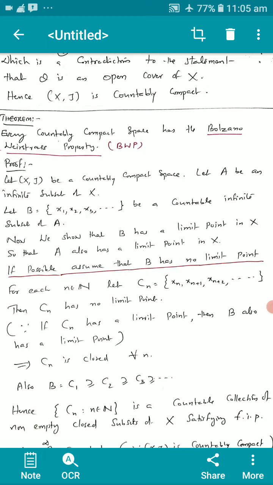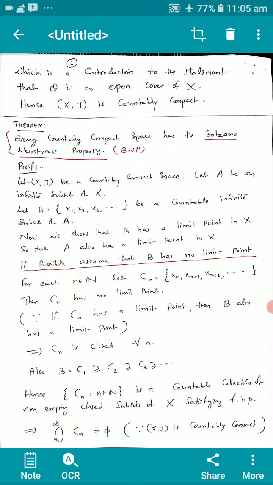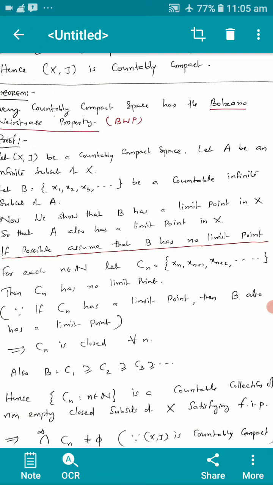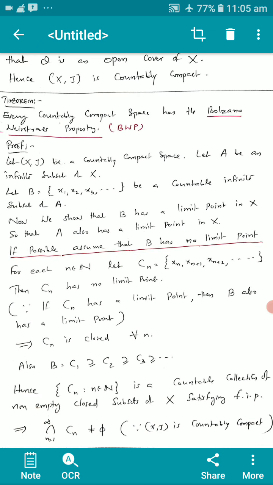Let X be a countably compact space and let A be an infinite subset of X. Let B equal the collection x_1, x_2, x_3, etc. be a countably infinite subset of A. Now we show that B has a limit point in X, so that A also has a limit point in X. That is the idea.